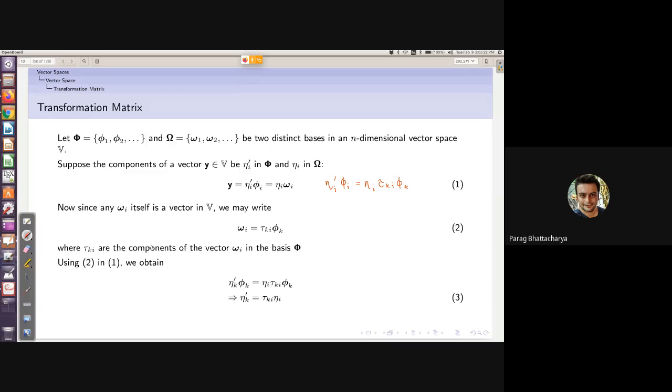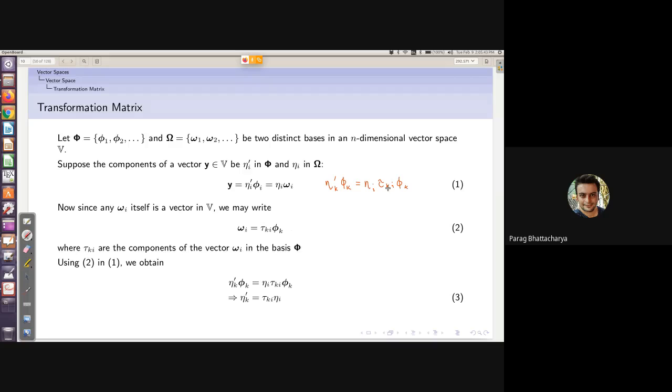On the left hand side, this I is a dummy index, and a dummy index means you can replace it with anything, so I'll just replace it with k. So eta k prime phi k is equal to eta I tau ki into phi k. So that's what we got here. Is that clear?